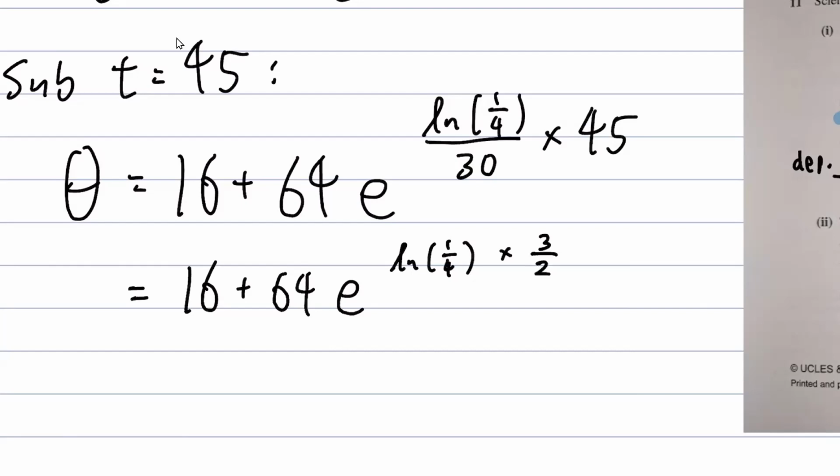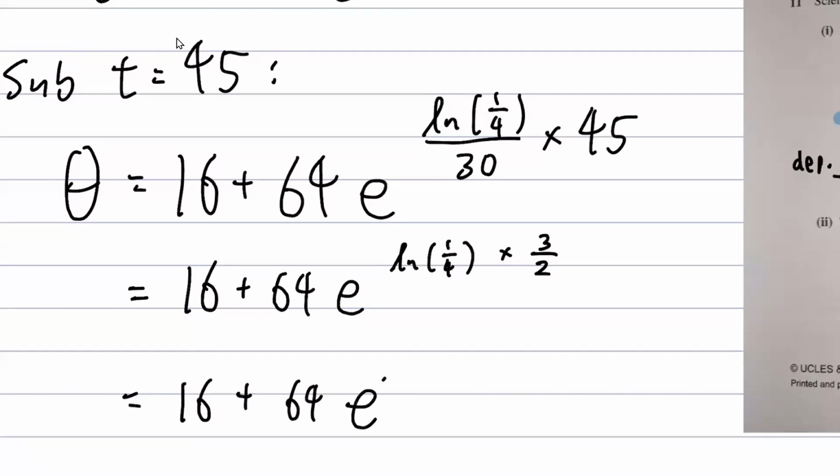Okay, what I'm going to do now is rewrite it. Here I will rewrite it like this: 16 plus 64, I'm going to put it below a bit. I need more space.